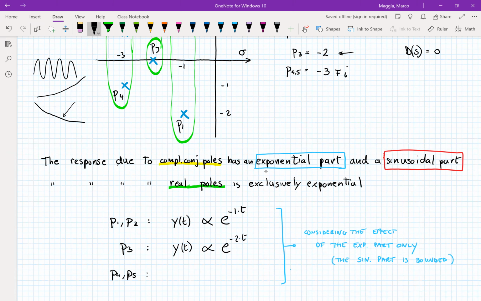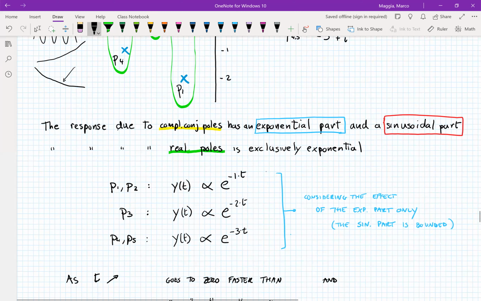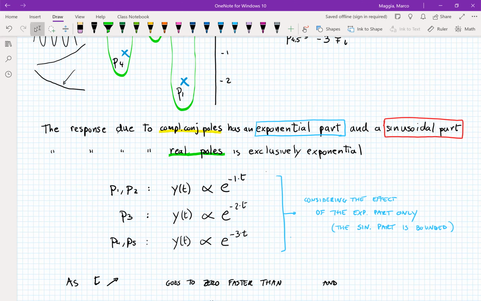And finally, for P4 and P5, the contribution to the response is proportional to e to the power of -3 times t, being -3 the real part of both P4 and P5. Now you see that all these contributions eventually will go to 0, because as time increases, e to the power of minus something that increases just goes to 0.